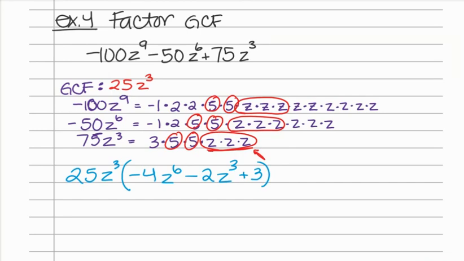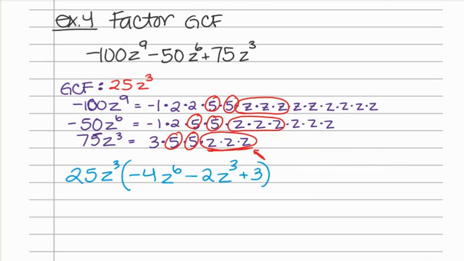Now remember to check yourself. If you look at this and you're like, okay, I don't know for sure if I'm right, did I do everything how I was supposed to? You can always check yourself by distributing. Okay, you can always distribute to check. That's always an option.